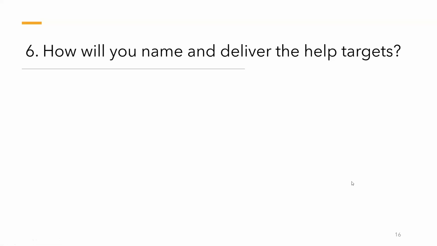So this is a very important question, number 6. By this time, you might be getting a good idea of how many unique help targets you're going to need to create and deliver based on the roles and languages and locales that your application is going to support.